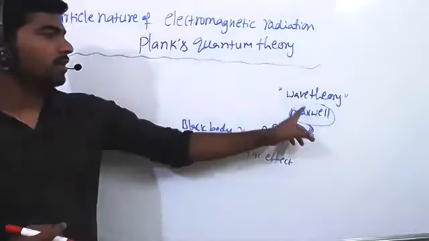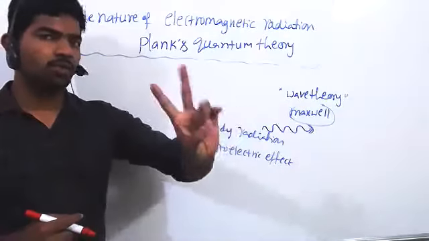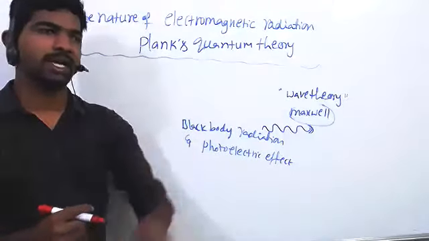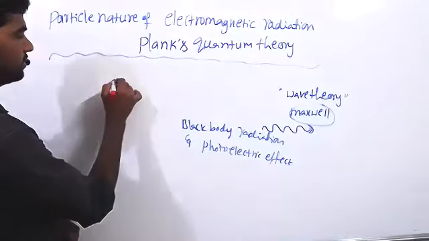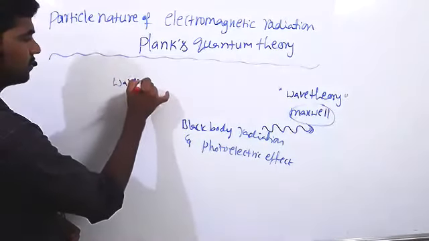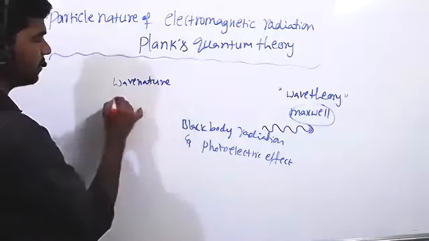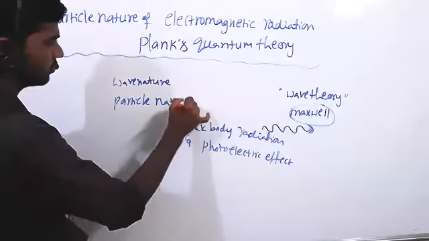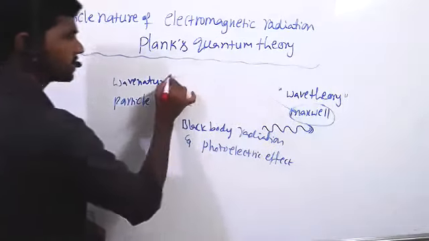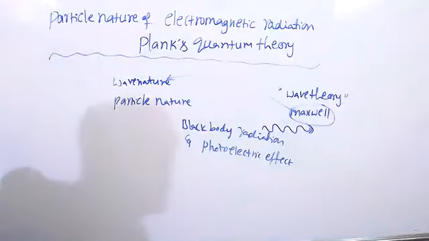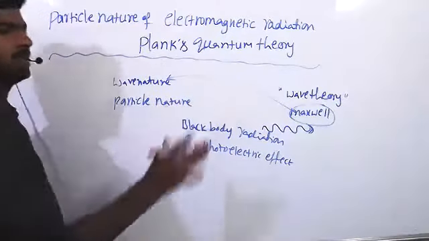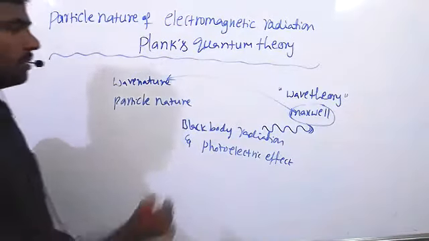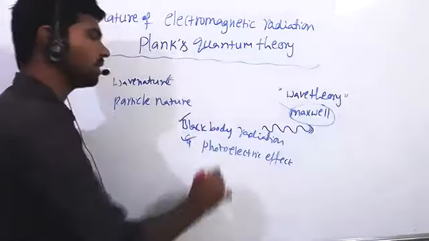Light has two kinds of nature: wave nature and particle nature. The wave nature is explained by Maxwell. He was successful in explaining some properties of light, but he failed to explain black body radiation and the photoelectric effect.